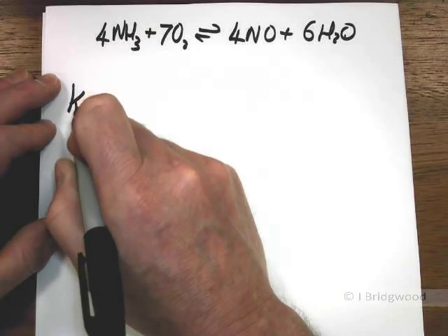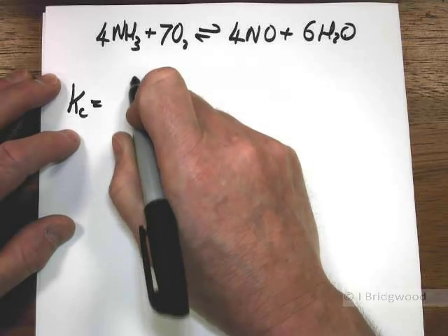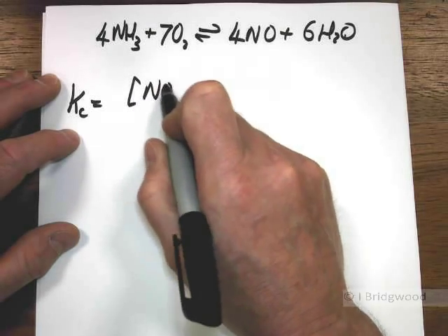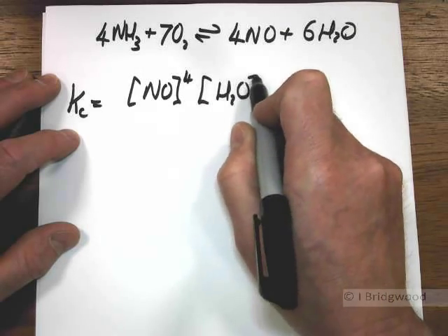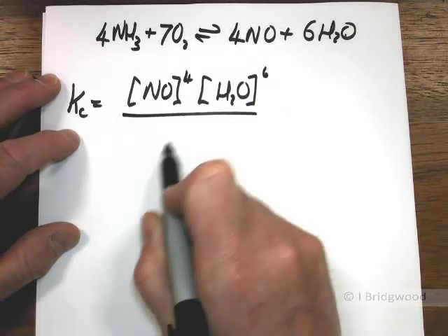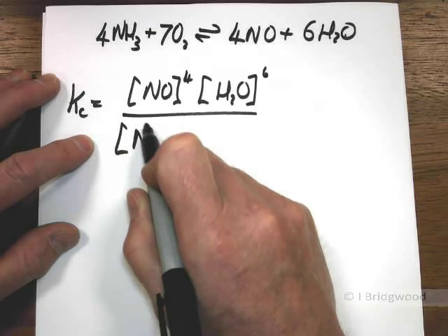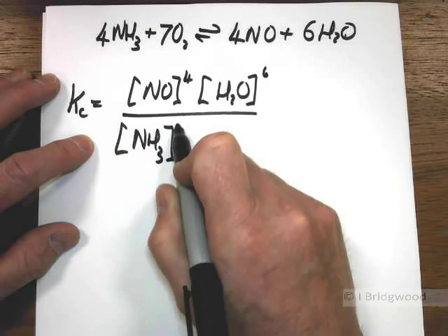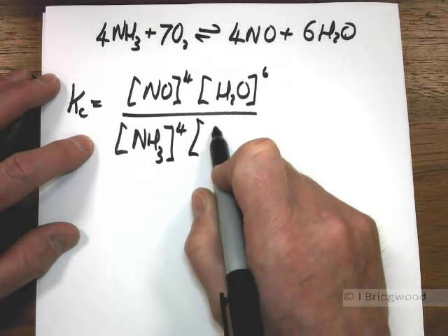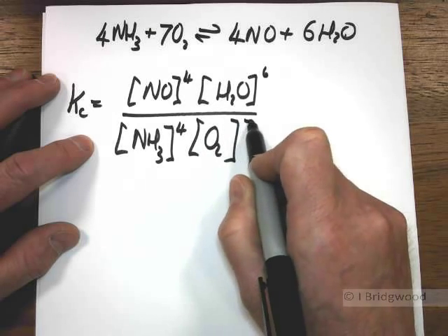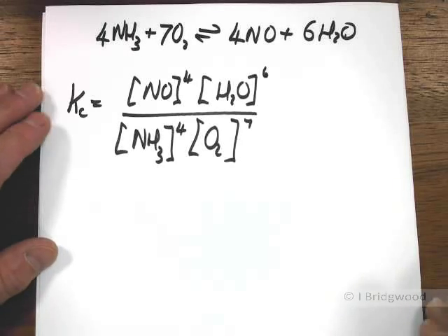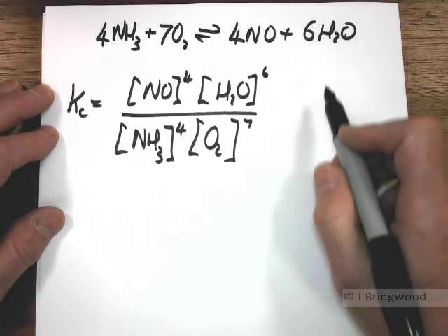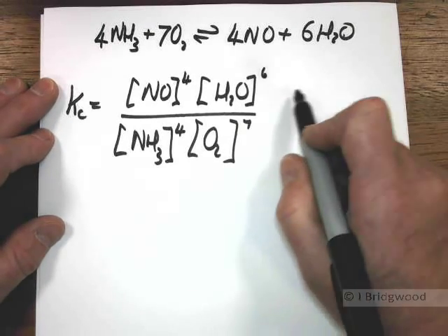Our Kc in this case is going to be concentration of NO to the power 4, concentration of H2O to the power 6, divided by concentration of ammonia to the power 4, concentration of oxygen to the power 7. That's our Kc expression. Our units look a little bit monstrous, but let's see how we get on.